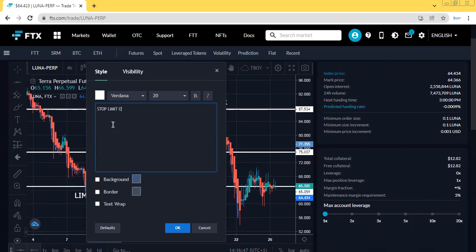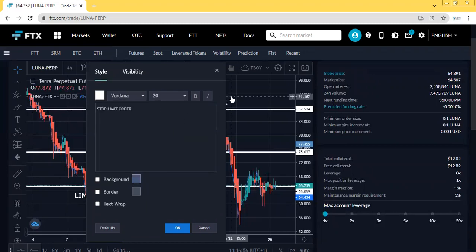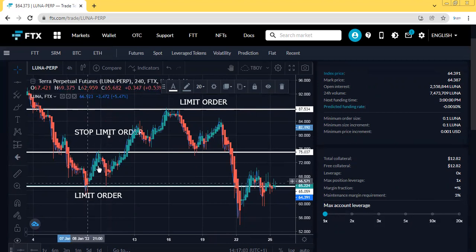As the price is moving and comes here, you believe that once it breaks here, it's going to continue, so you can put your stop limit order here.